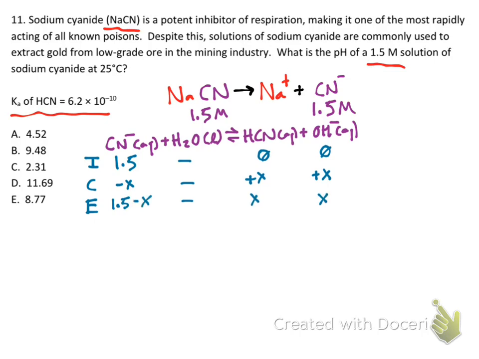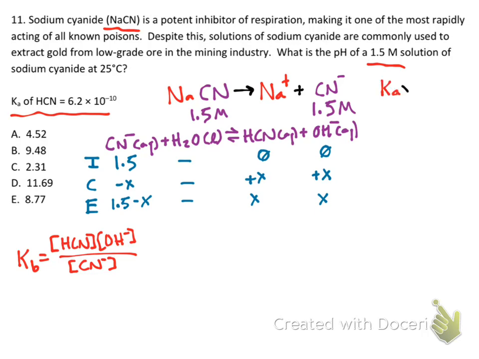Now we'll write out our equilibrium expression. Note, this is base hydrolysis. This is a Kb reaction, so when we plug in a value for our equilibrium constant, we need to use a Kb. But we're given a Ka. Whatever can we do?